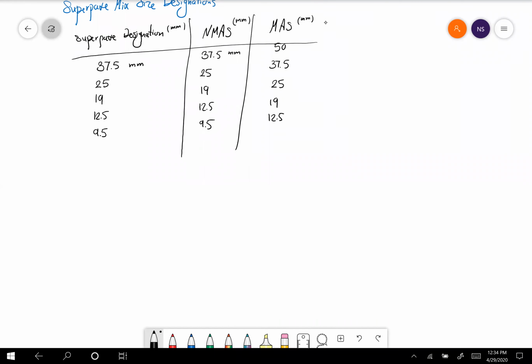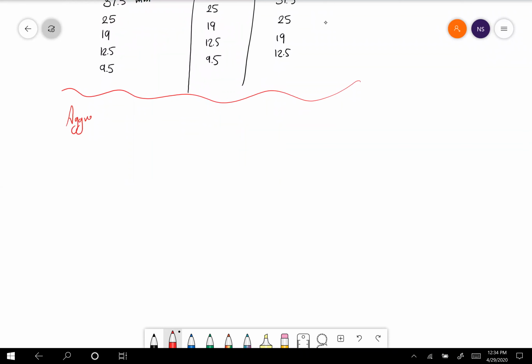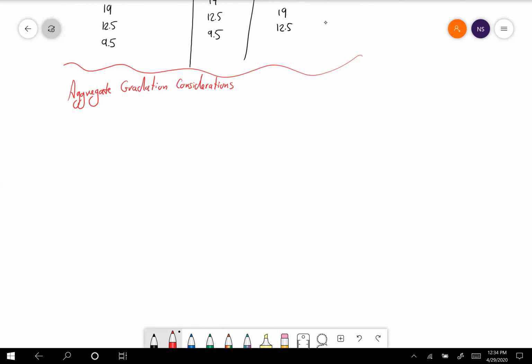And there are some considerations for aggregate gradation. So aggregate gradation considerations, which are the following ones.